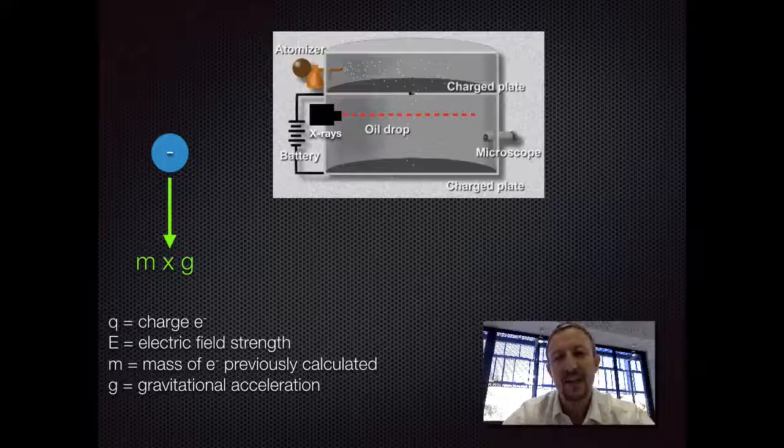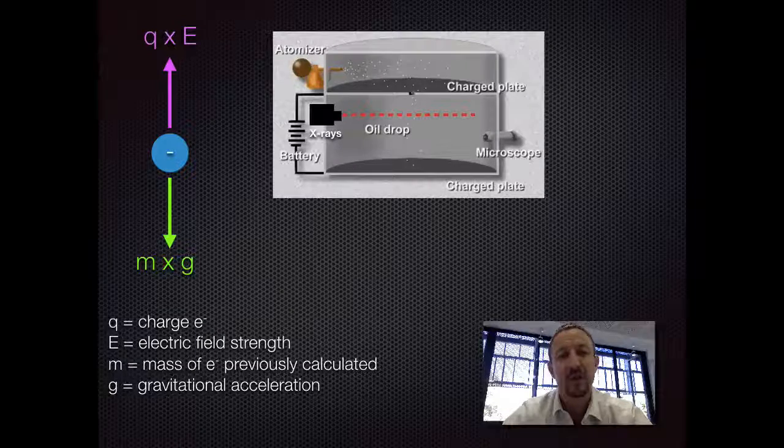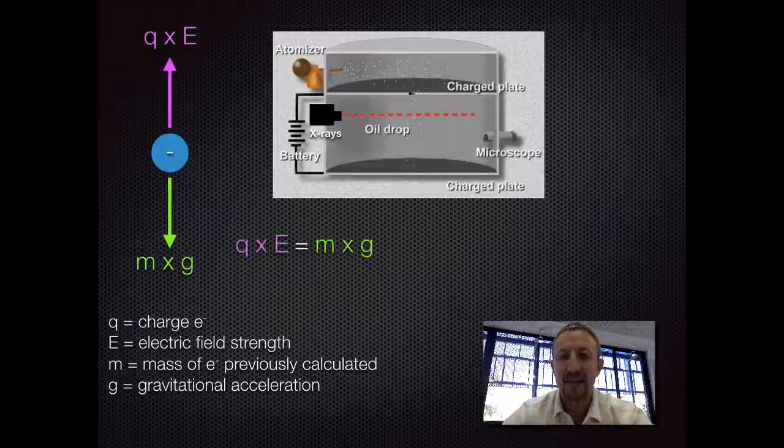Now he was able to get it stationary, and when he got it stationary, the electric force pulling it upwards equaled the weight force acting downwards. So we got these two forces: Q times E, where E is the electric field strength, acting upwards, and M times G acting downwards.